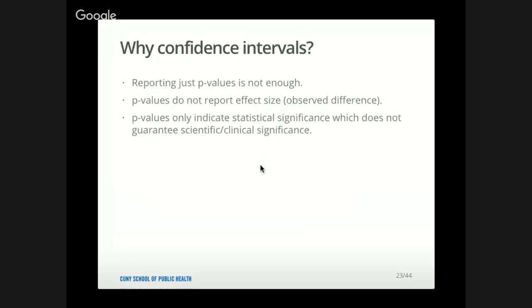It's just a probability of type 1 error. Whereas confidence intervals will tell you something about type 1 error while also giving you your estimated effect size and a confidence interval on it.